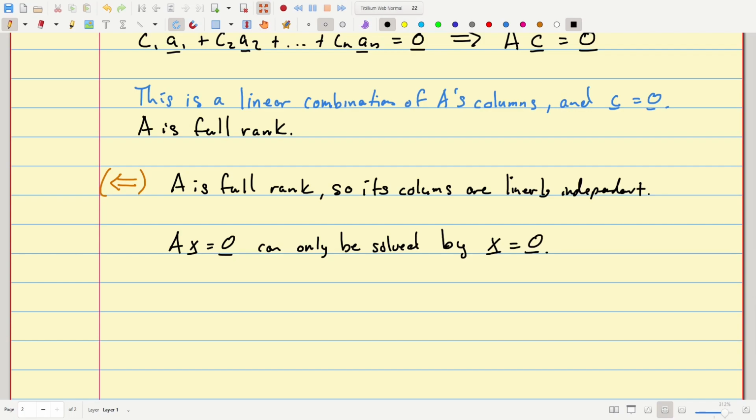If we construct the linear system Ax equals 0, the only possible solution is 0 because the columns of A are linearly independent, right? So we get that the null space is trivial. It doesn't always happen this way, but those steps are basically all reversible, right?